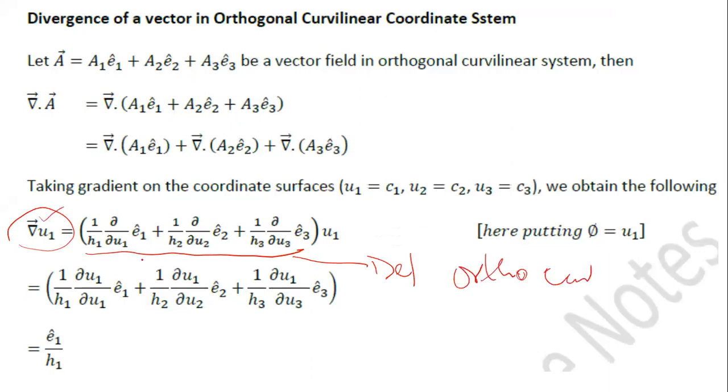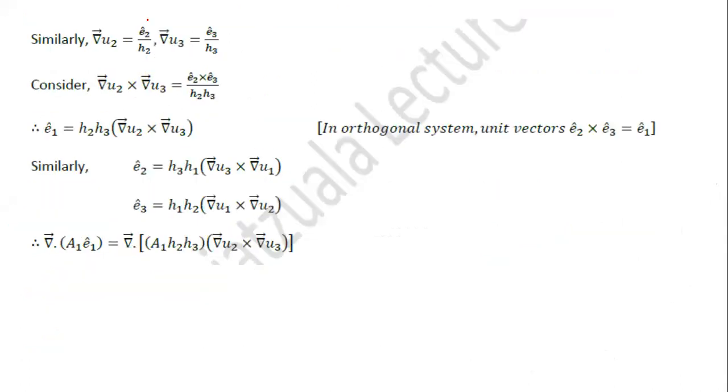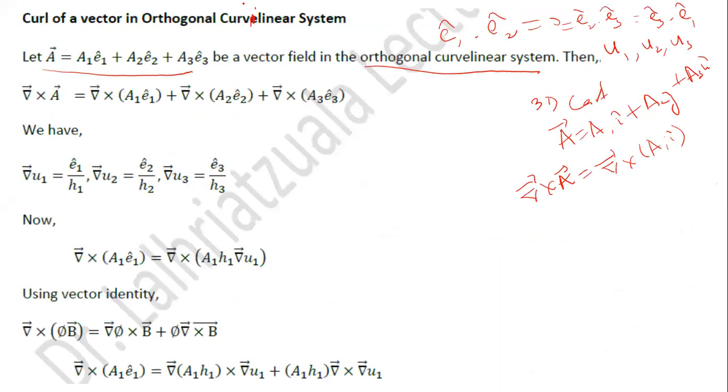So if you use this del operator operating on u1, this is what we get: u1 cap, the tangential unit vector, upon h1. h1 is the scale factor, and similarly this and this, that we have seen before. So we'll just use that property: grad of u1, grad of u2, grad of u3 will be this.